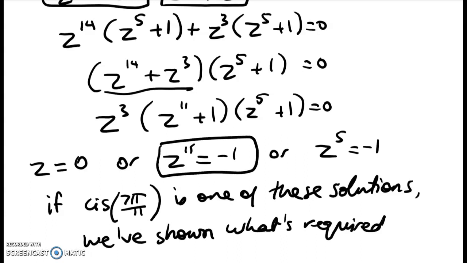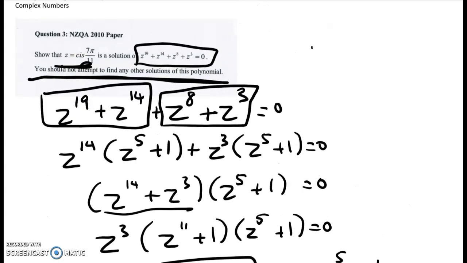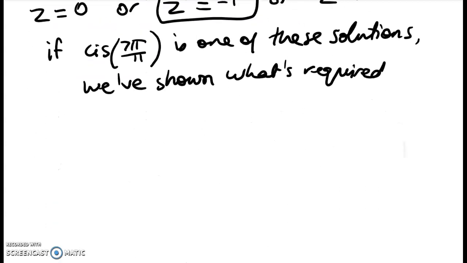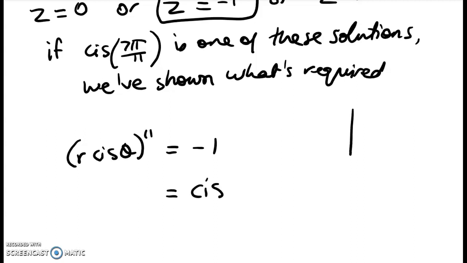All I'm going to do now is go ahead and solve z to the power of 11 is equal to negative 1. So r cis theta to the power of 11 is equal to negative 1. And as you will have done many times in class, this is applying de Moivre's theorem to solve a complex root. So negative 1 is here on my Argand diagram.